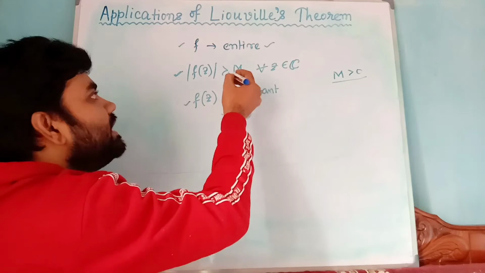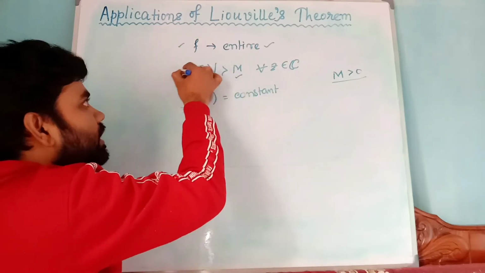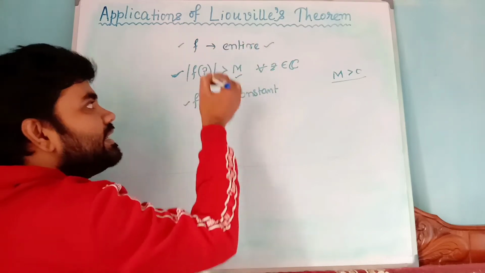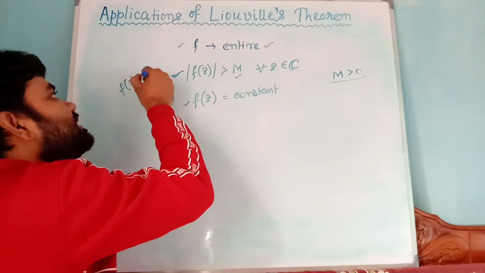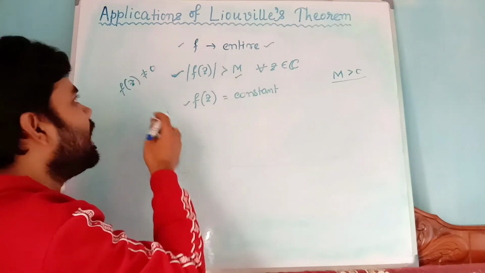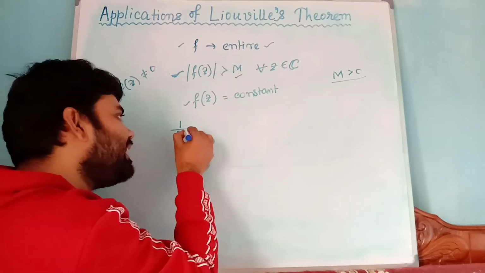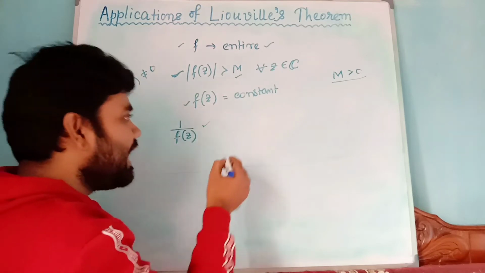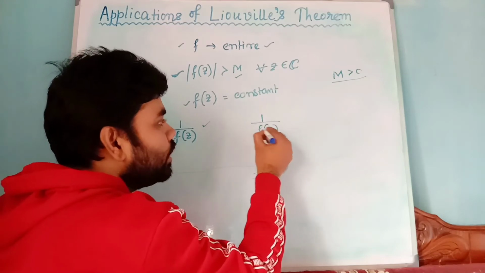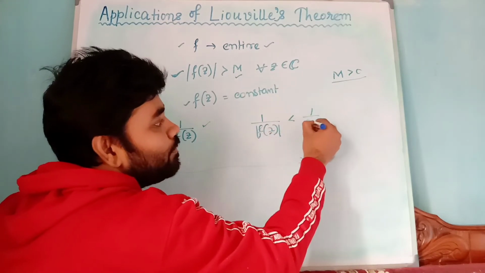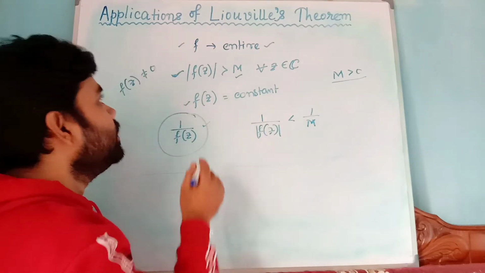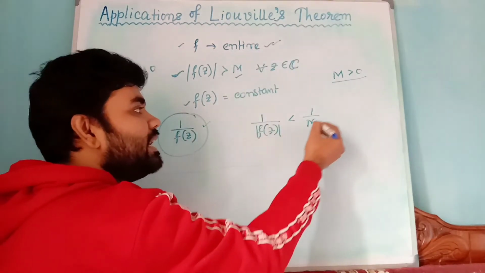Now here we are not given the boundedness condition; we are given this. Since f(z) is entire and mod f(z) is greater than M, f(z) is not equal to 0 anywhere. Now we can tell that 1 by f(z) is also entire, and since mod f(z) is greater than M, 1 by mod f(z) will be less than 1 by M. So we have 1 by f(z), a function which is entire and also bounded.